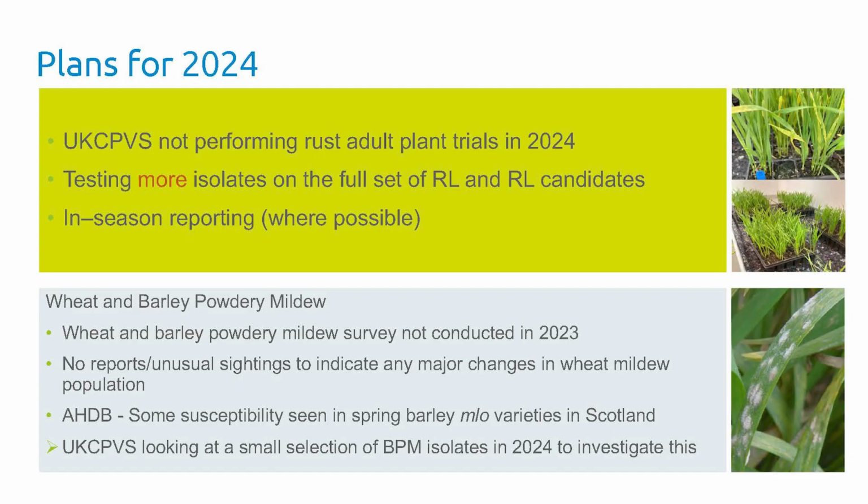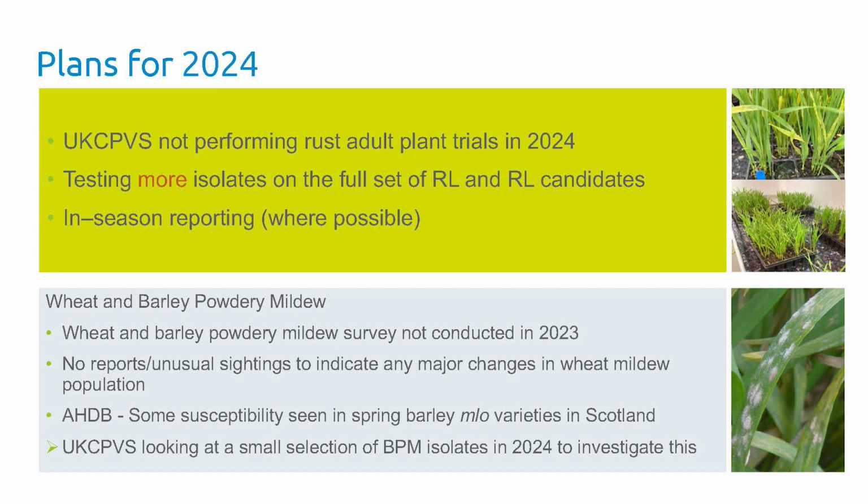And as we've mentioned, we want to test more isolates on the full set of the RL and the RL candidates at the seedling stage. We're not quite sure how many we'll be able to manage, because each season it varies. Last season, Amelia was able to do these additional tests because she only received 92 samples. But in a very heavy year, we're just not able to.